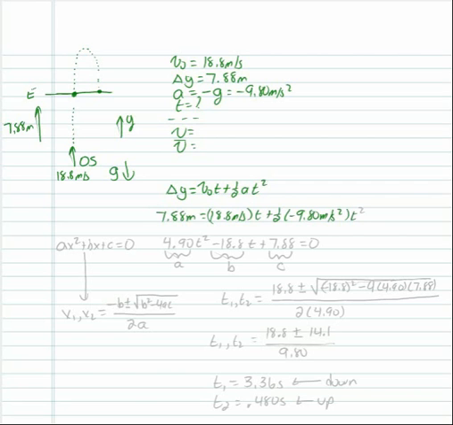Now, when we deal with quadratics in here, we will be using the quadratic formula. But before you can do that, we have to remember that quadratics need to be put in standard form. And that form is this: ax squared plus bx plus c equals 0.